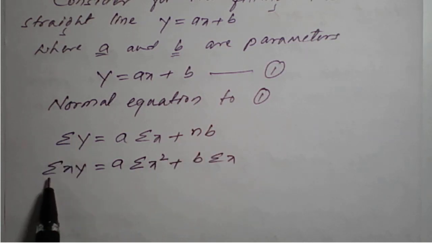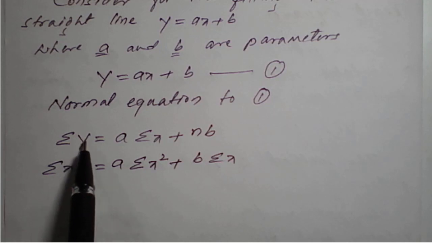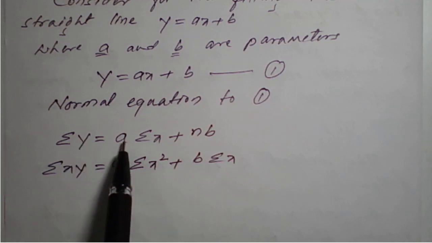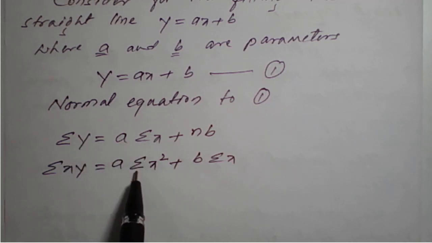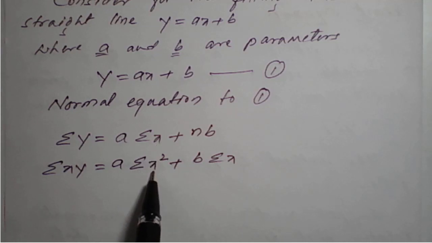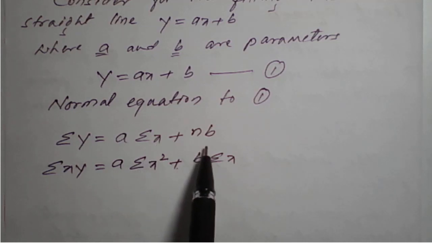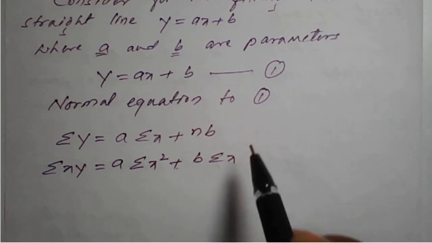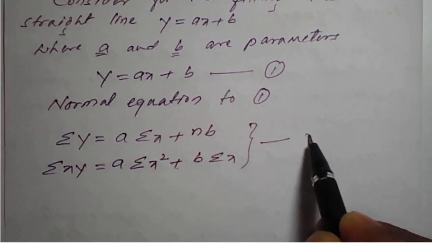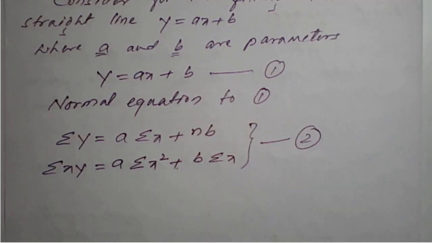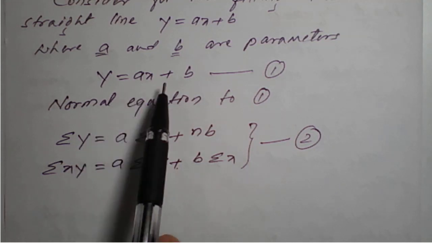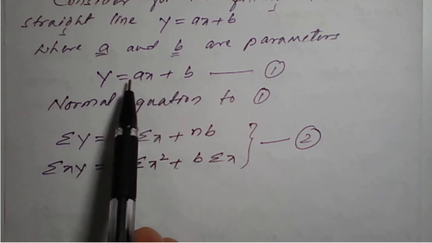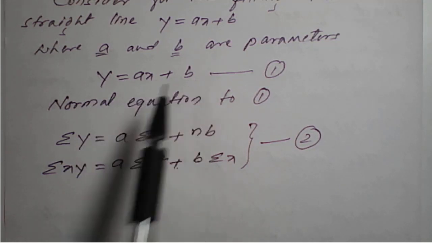If you multiply summation as it is, x into y is xy is equal to a as it is, summation as it is, x into x, it will become x square, plus b into summation x. So we call this a normal equation for the given straight line y is equal to ax plus b.